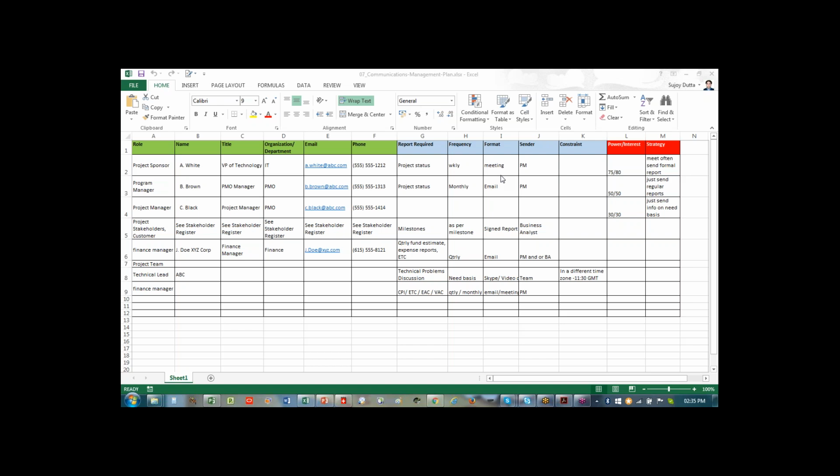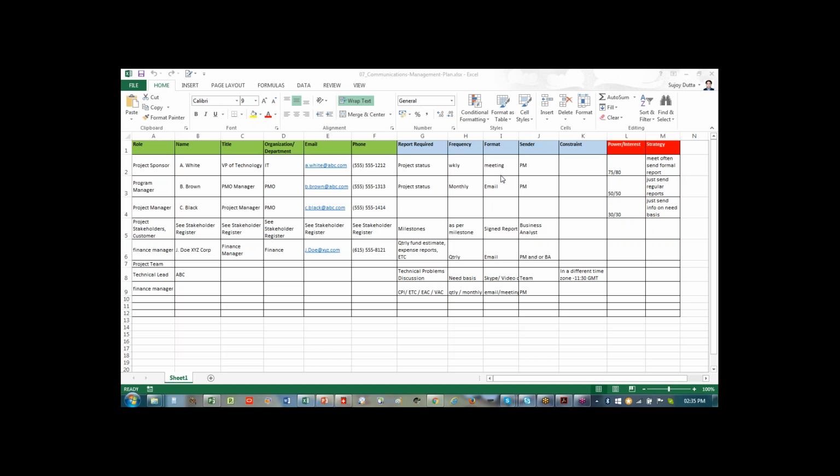Okay, so I believe that you can have a look at this template, and if you think any of the extra fields are useful, I believe you would like to add the communication management columns: the report required, frequency, format, sender, and constraint. So you are in a better position to send the regular reports.